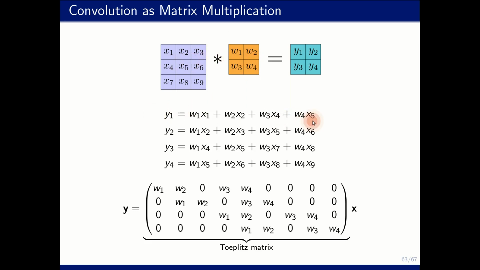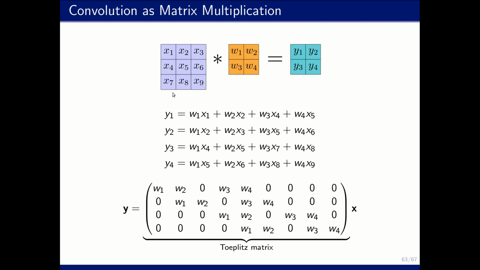And for the next pixel, if you move the convolution 1 pixel to the right, y2 is just x2 times w1, x3 times w2, x5 times w3, x6 times w4. And the same for y3 and y4, just with a shifted window.